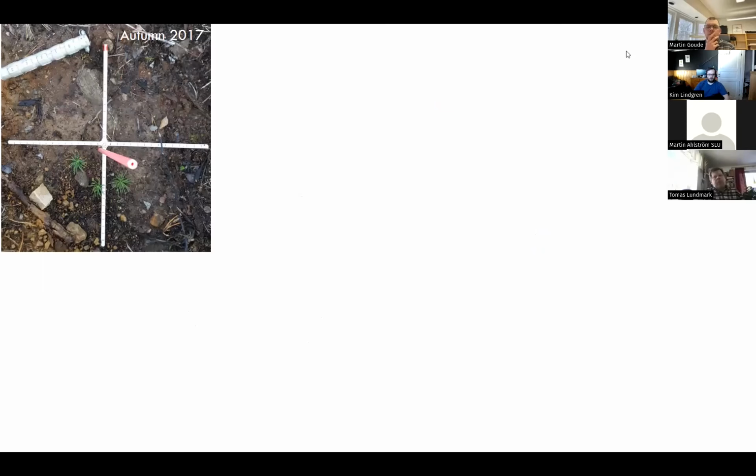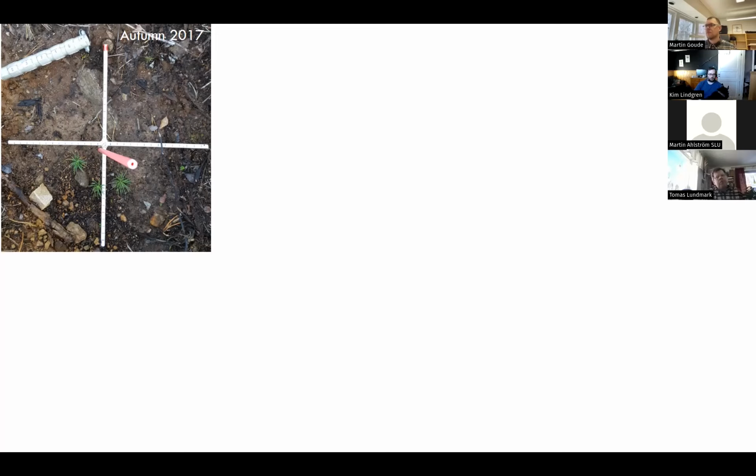Okay, and that was it about the seed fall. Now we can talk about seedling germination and recruitment. I will very shortly mention the method that I used at the site in Togel. In each shelter wood, we have permanent sampling spots, which were marked with a plastic stick, as you can see in this first picture.